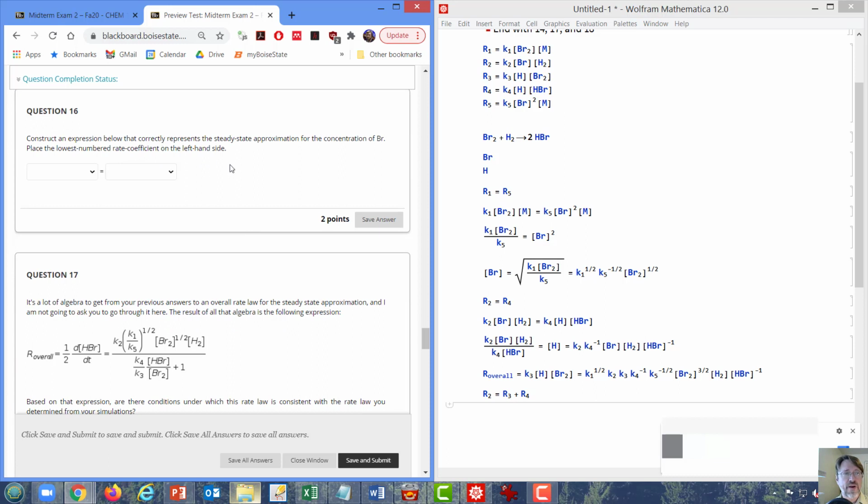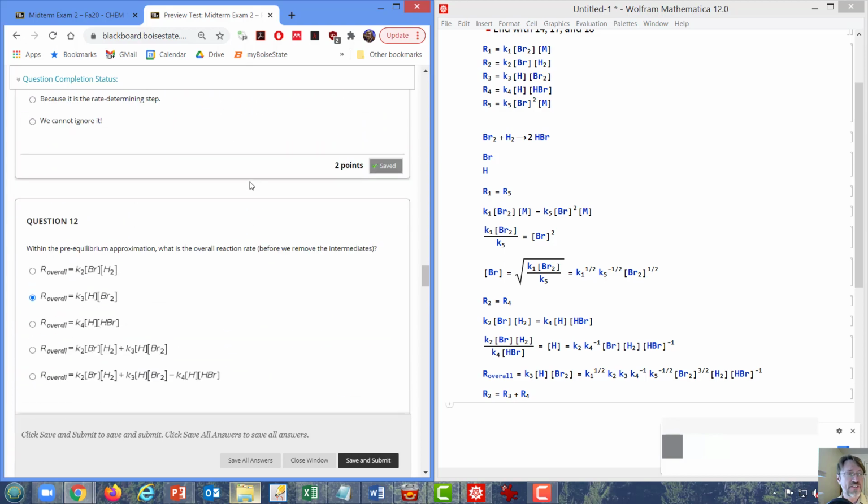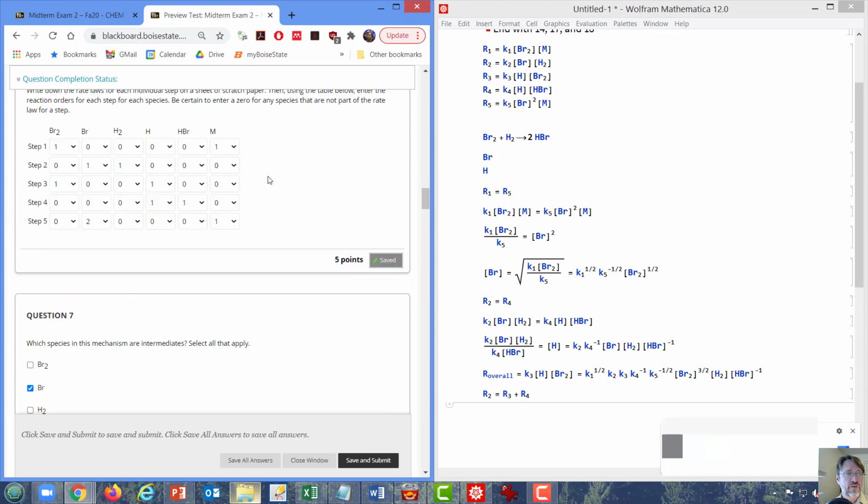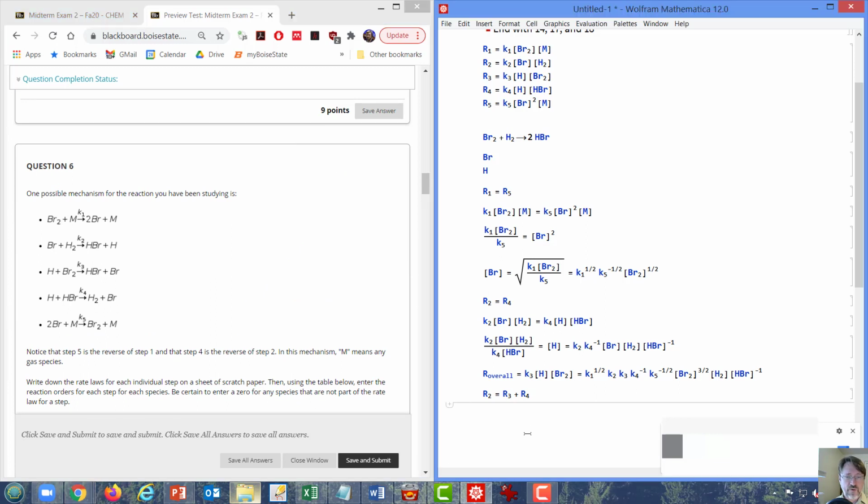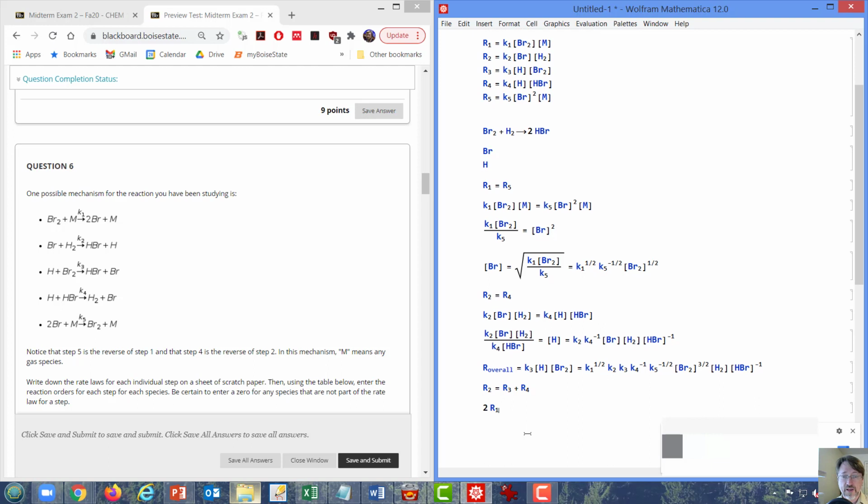All right, question 16. Construct an expression that correctly represents the steady state approximation for the concentration of Br. So same thing as before. Steady state for Br up here. Our rate of production for Br is going to be 2 times R1 because you make 2 Brs there. We're going to have a destruction from K2, so that is going to be R2 on the destruction side. It is produced in K3, so we need to go back to the production side, plus R3.